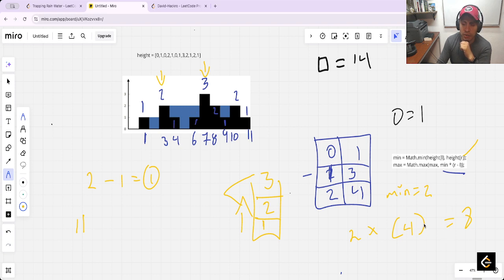But I need to remove 2 less 2 because they are the barriers. In this case is 2, 4. Oh no.